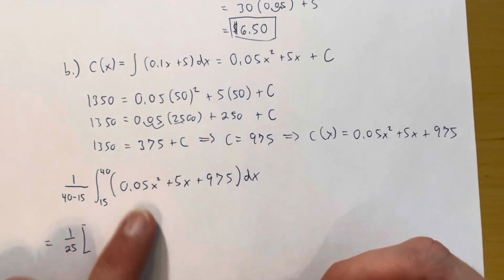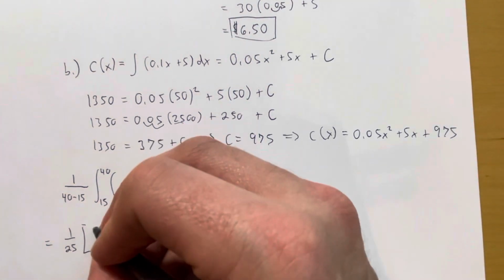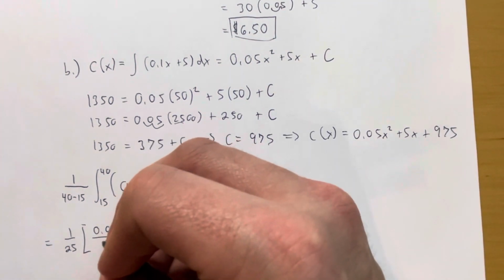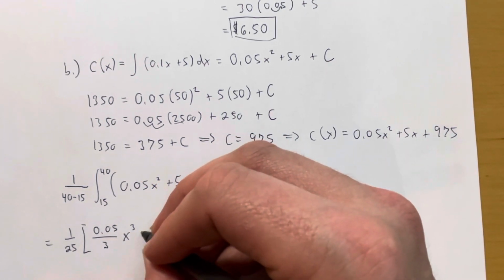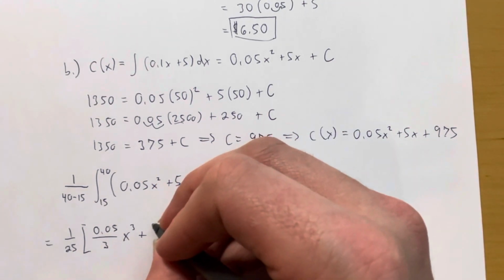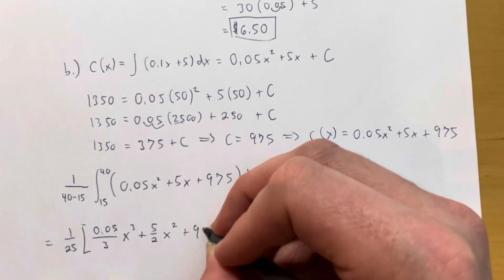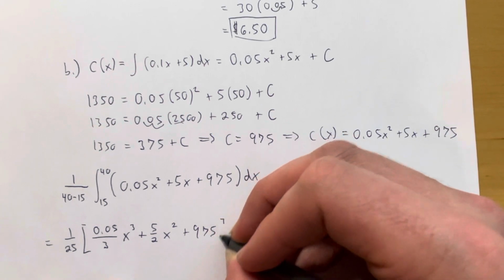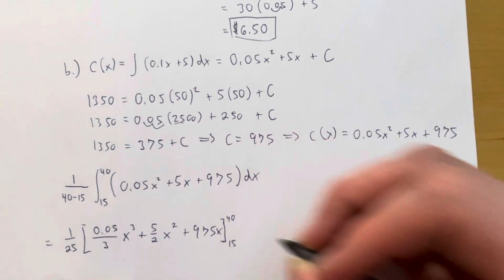Integrating this is not too bad, so we're going to add 1 to the exponent and divide by 3: 0.05 over 3 times x cubed plus, this would become 5 halves, x squared plus 975x, and this is evaluated from 15 to 40.